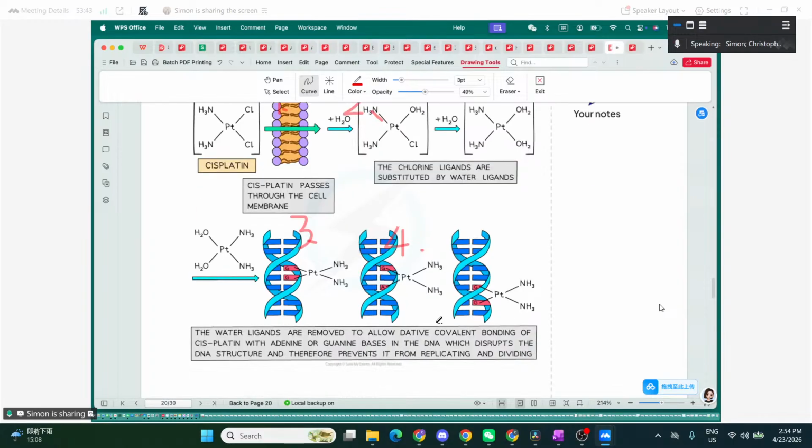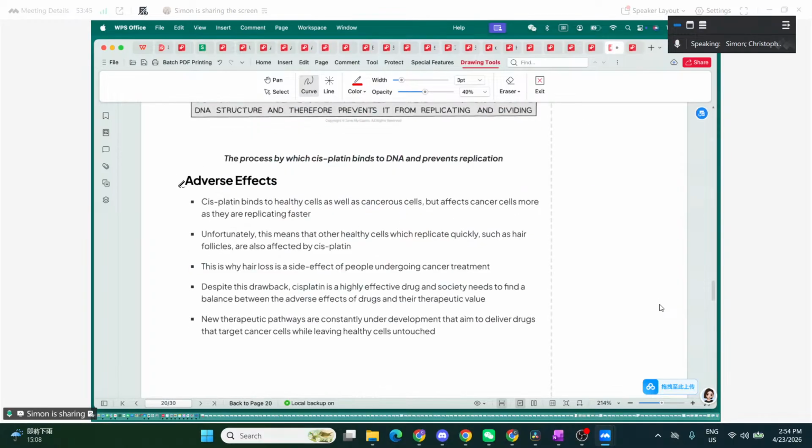And after that, remember there are also some adverse effects. The first is that it binds to healthy cells. The second, other healthy cells replicate quickly.